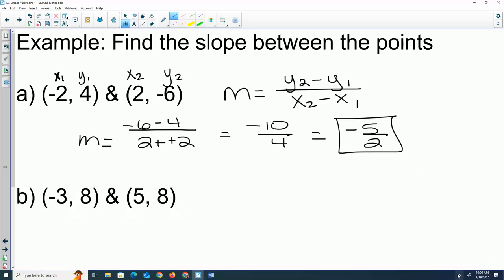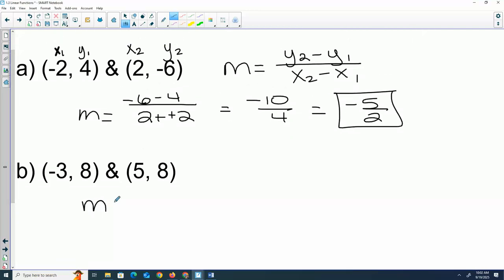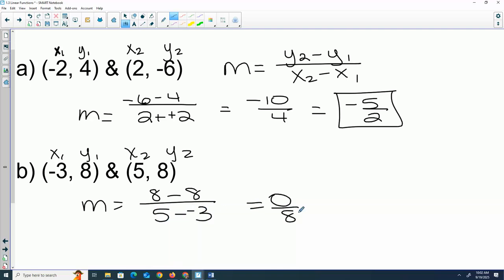I want you guys to do B. This is our x1, y1, x2, y2. So y2 minus y1 over x2 minus x1. So you get 0 divided by 8, which is just 0.